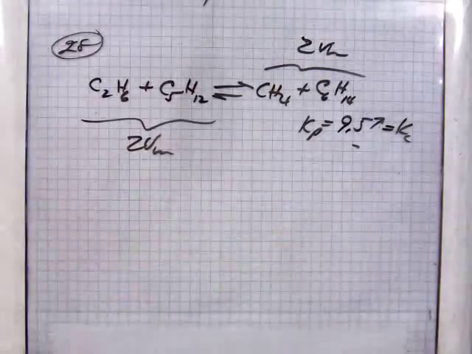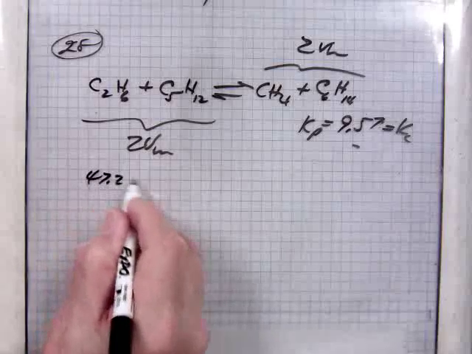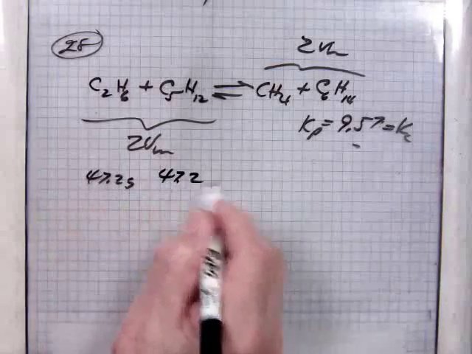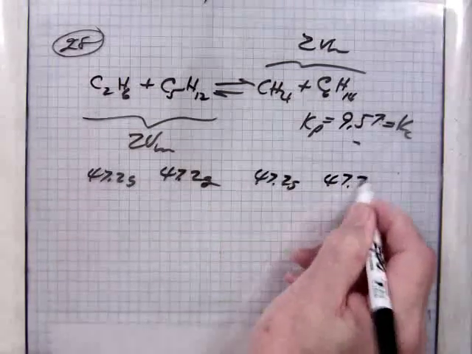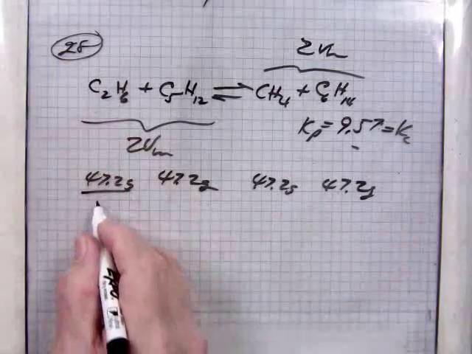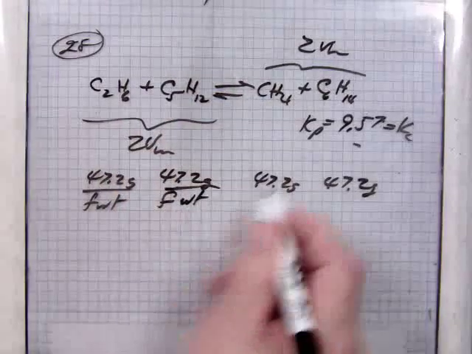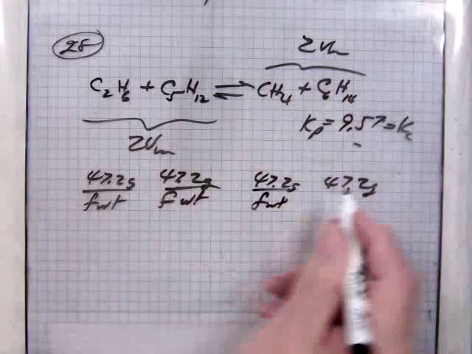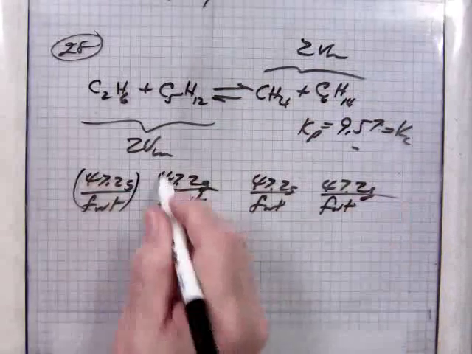Now you take the data that's given. Suppose 47.2 grams of each of those are placed in a 25-liter vessel. Take 47.2 grams of everybody and convert those to moles, using the formula weight of each one, and that'll give you moles of each one.